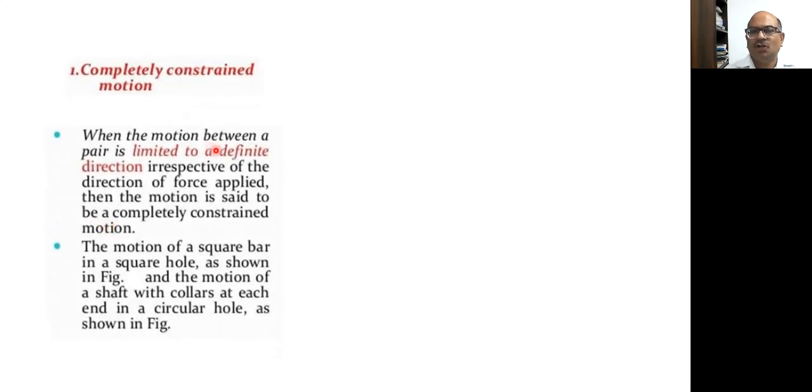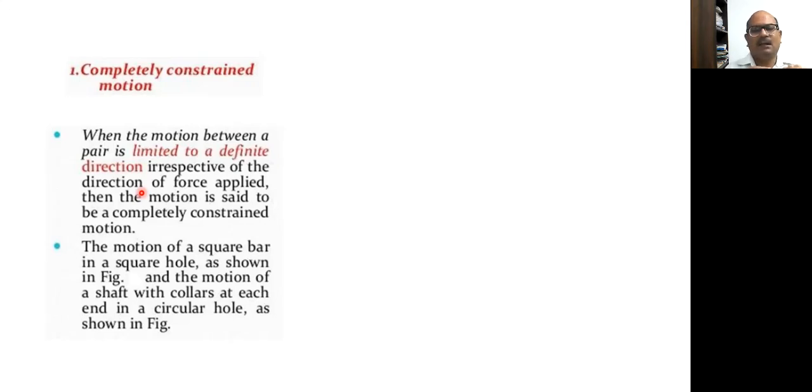So one by one, suppose an object is there, but the motion between those pairs is limited to a definite direction, irrespective of the direction of the force applied. Whatsoever force we apply, that object will move only in the direction in which it is fitting, right?